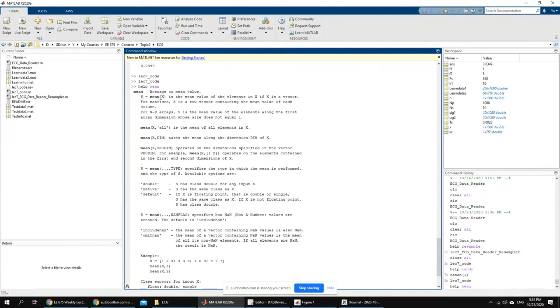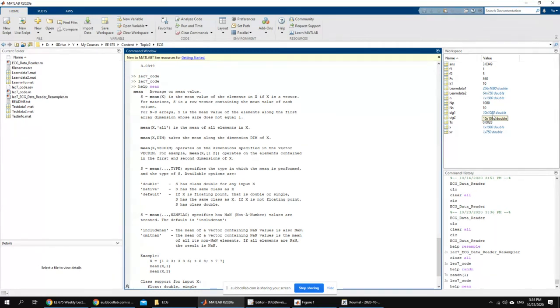If you have an array that is n-dimensional, the mean is applied to the first dimension. So if I have an array here, for example, the one that we created, signal 1, and I apply the mean to signal 1, I am going to average over the first dimension, and the result will come out as 1,080 means.